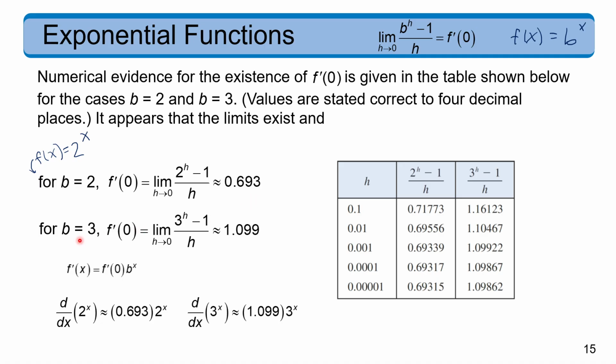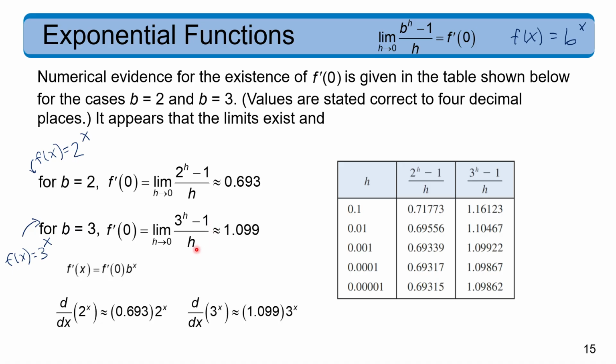Now we want to go to a different b, so we decided to choose b equal to 3. So that means we're considering the function f of x equals 3 to the x, a different exponential function. And again, we want to figure out what is this value of f prime of 0 for this b. So we'll use this formula here, but this time we'll plug in 3 for b.